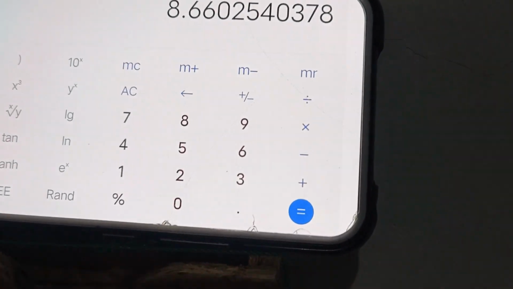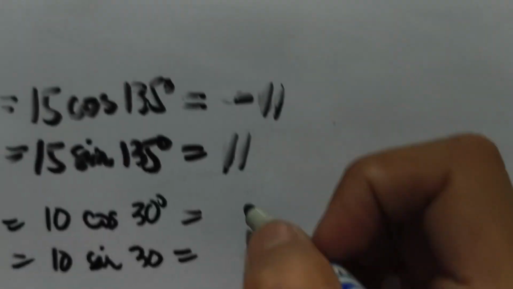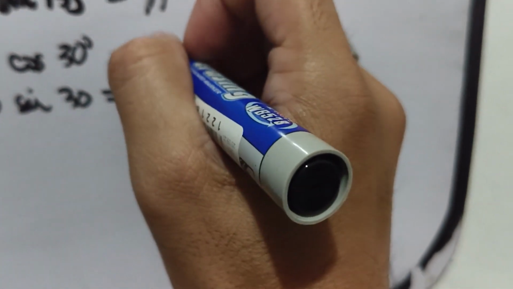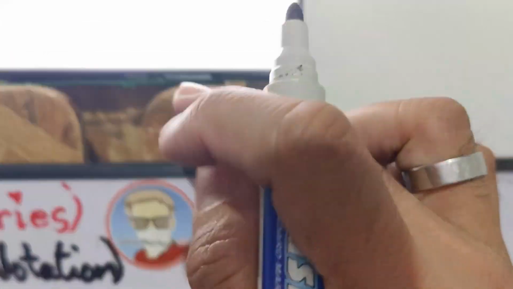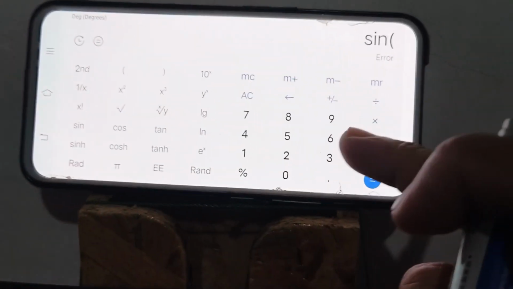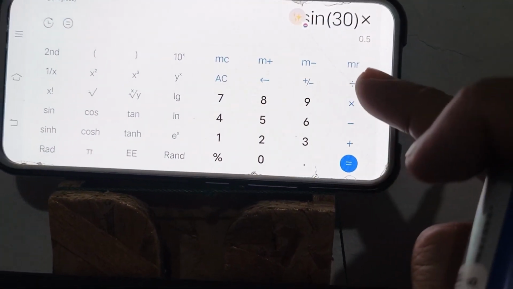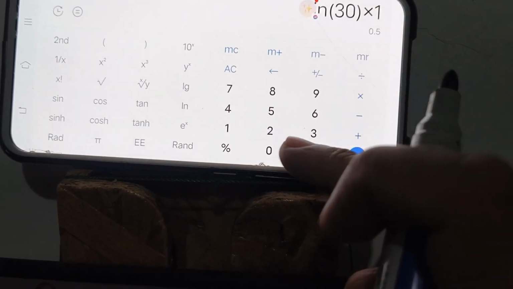That's positive 8.66, or equal to positive 9. Next one, we have sine of 30 times 10. So that's 5.